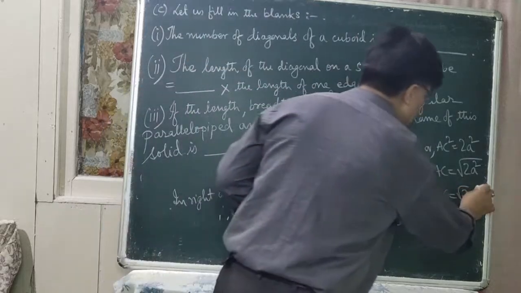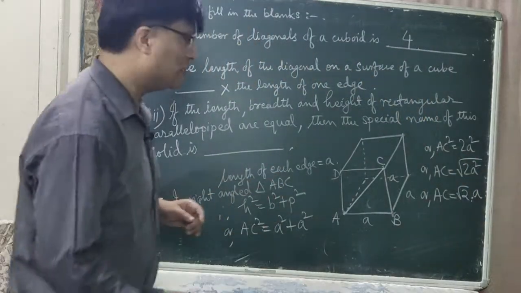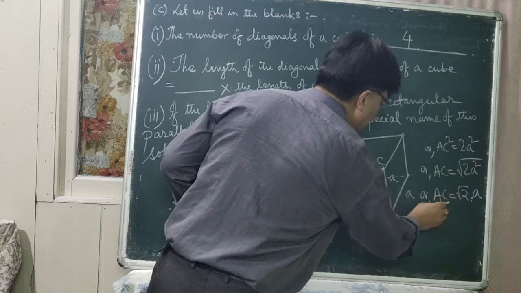What is square root of a square? That is a. Is that clear?